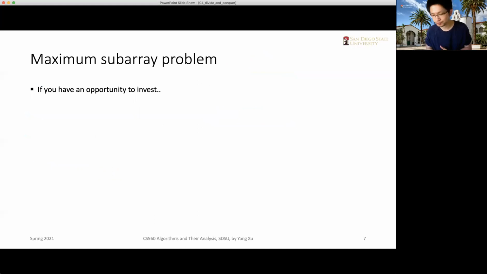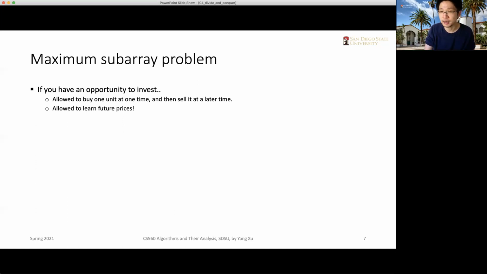Imagine you have some money to spend and you choose to invest in the stock market or other markets. You have the opportunity to invest, and you are allowed to buy one unit at one time and sell it at a later time. Of course you want to buy low and sell at a higher price.